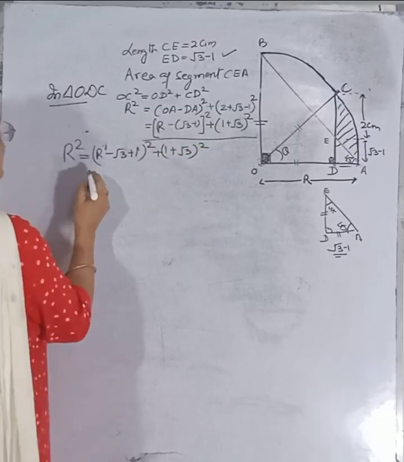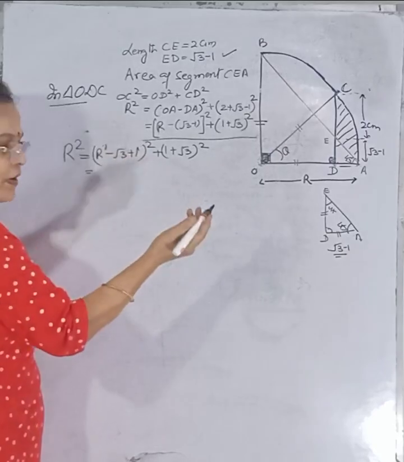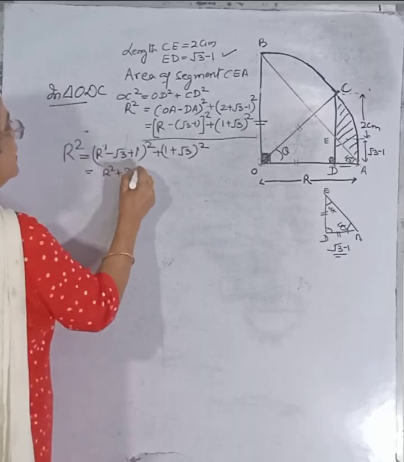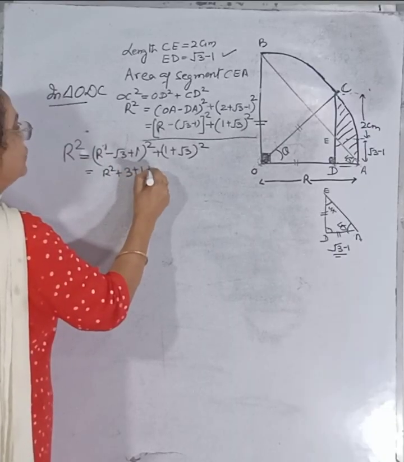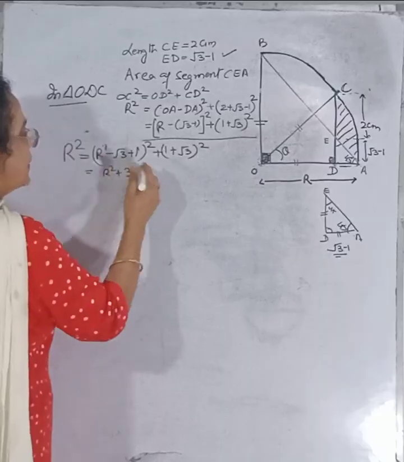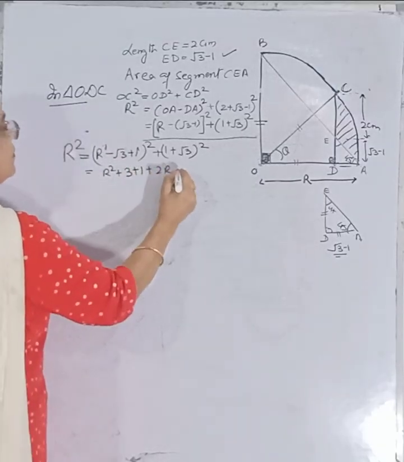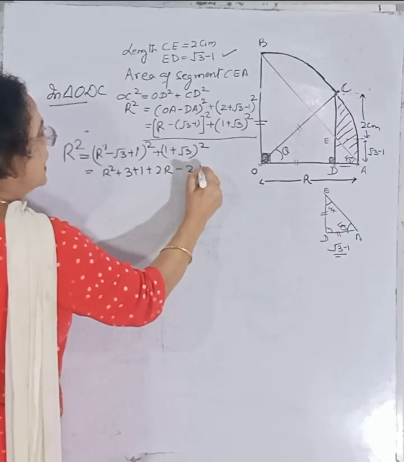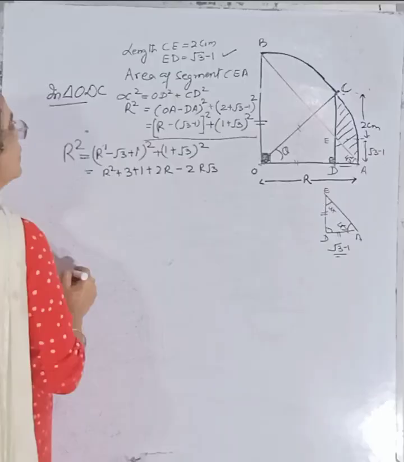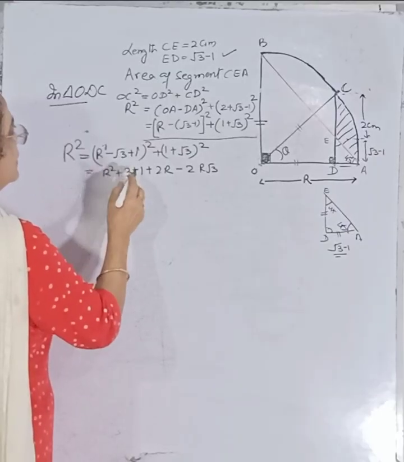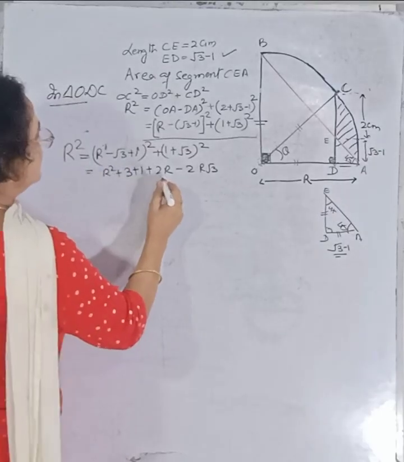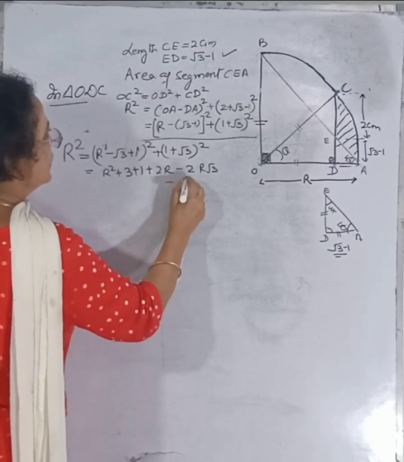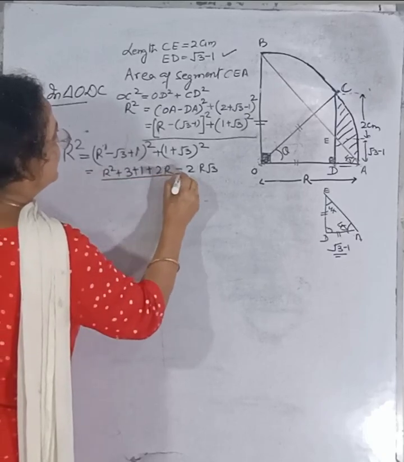Now we are going to open this. A plus B plus C whole square. This is R square plus 3 plus 1 plus 2 times R minus 2 times root 3 R. This is the explanation of this portion.